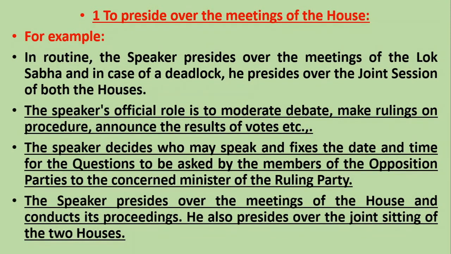If the question is to be asked in the question hour, naturally it is to be deposited to the Speaker, and the Speaker will fix the date and time when the concerned minister is to reply. And it is the Speaker's duty to inform the concerned minister also, so that he is ready with the reply and brings his complete data, so that he satisfies the opposition party.